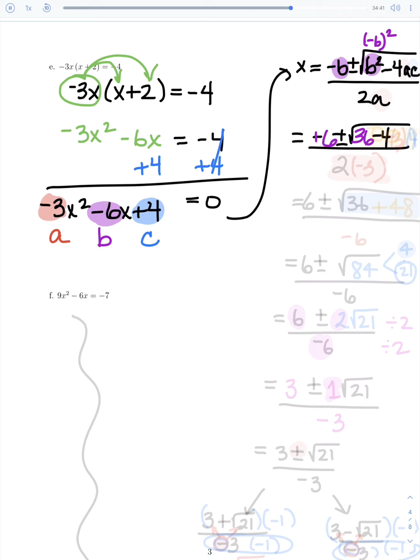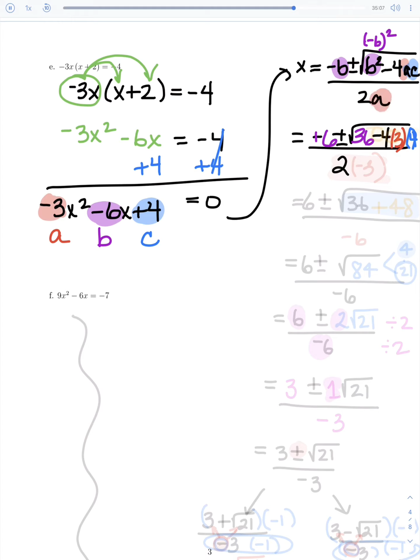Well, we said that a was 3, so times 3. And then times c, which we said was 4. All over 2 times, what did we say a was? We said that a was negative 3.